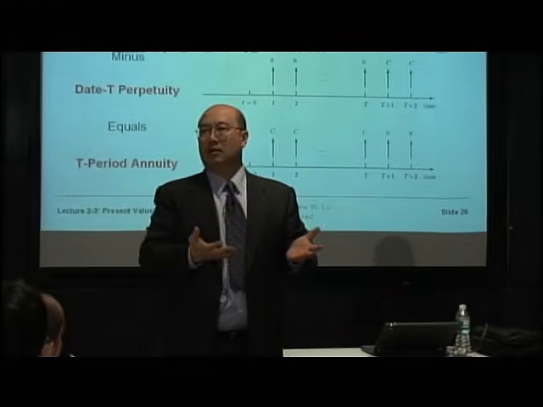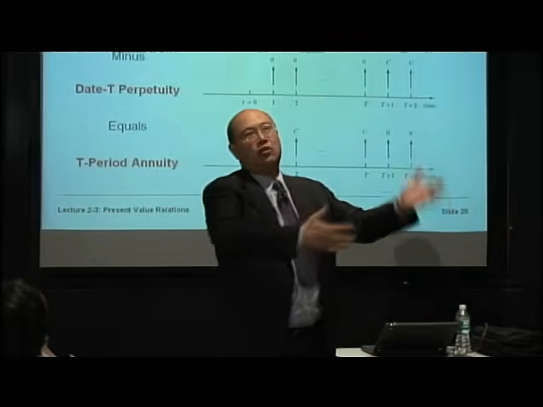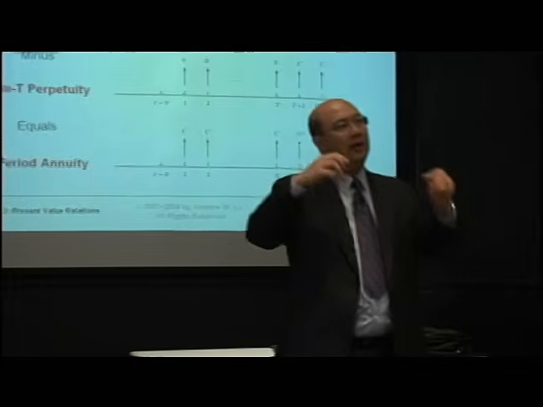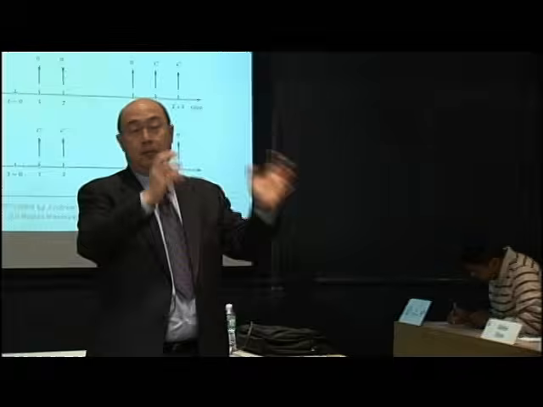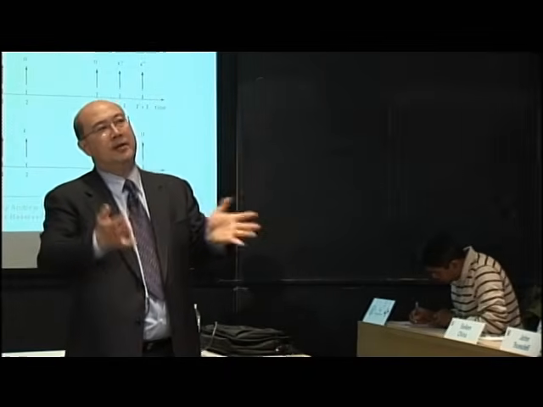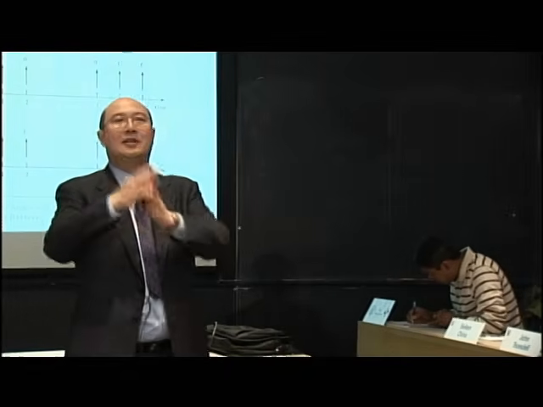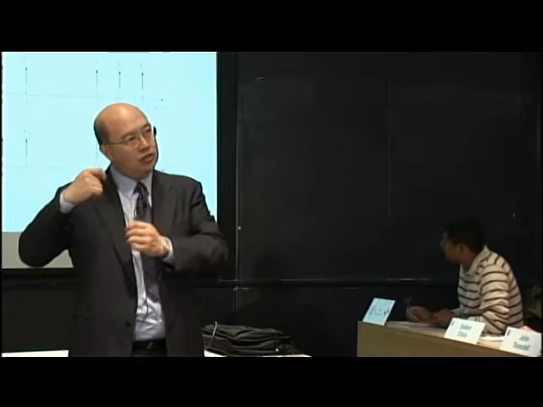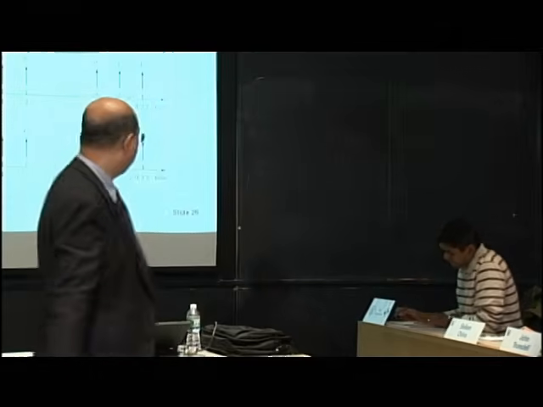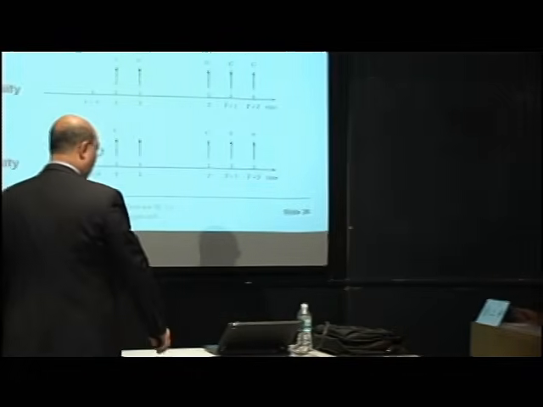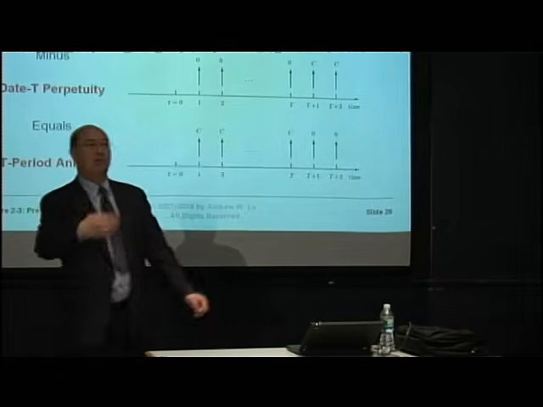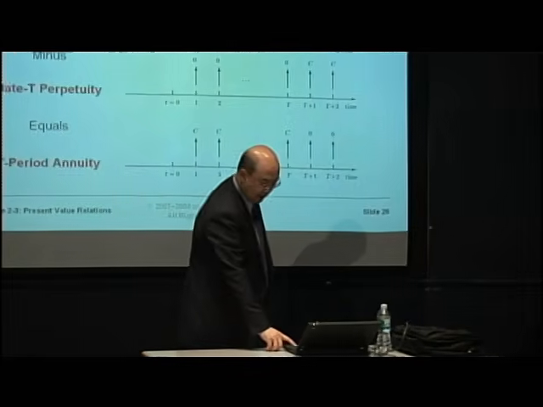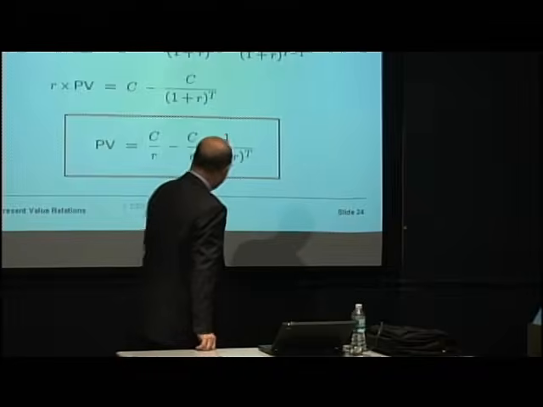So what is it worth? Well, it's worth whatever it is to buy a perpetuity, hold it for T periods, and as soon as it pays off in that T date, you sell it. Okay? So what's it going to cost? What's the value of that?